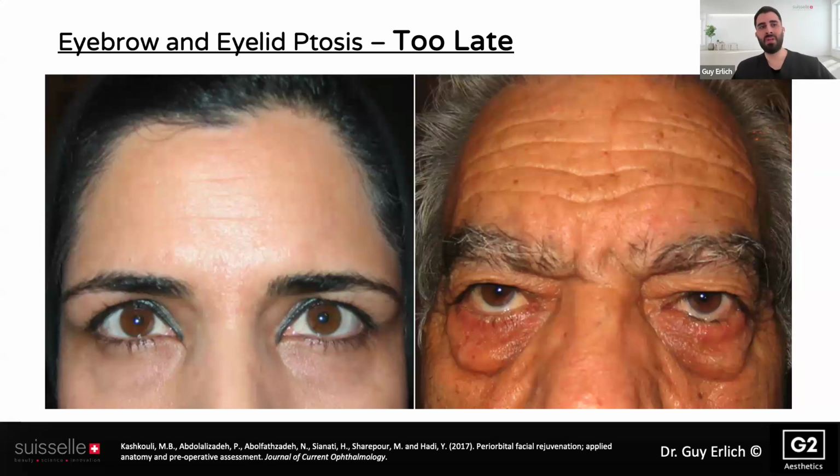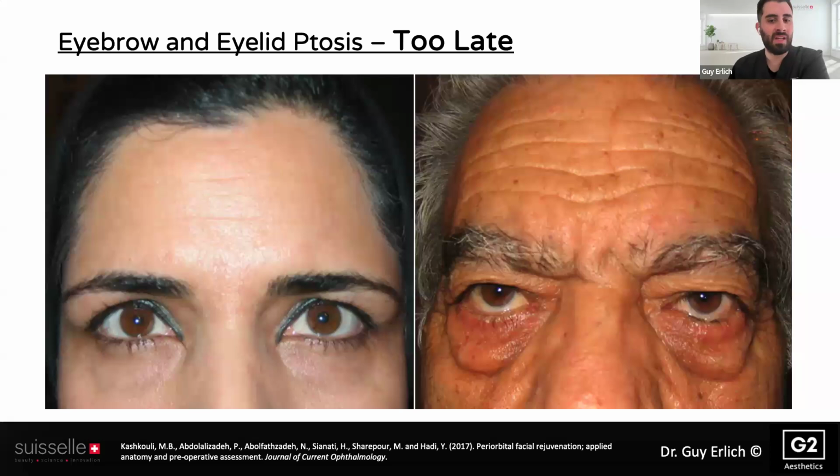And this is why, for me, rejuvenation of the periorbital area does not mean waiting for aging. I'm starting periorbital rejuvenation with cell booster shape, lift, and glow, energy-based device, fillers, botulinum toxin, PDRN, exosomes, all of that. I start very early because this skin is the first to age.